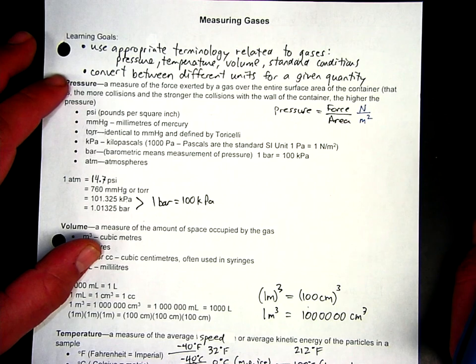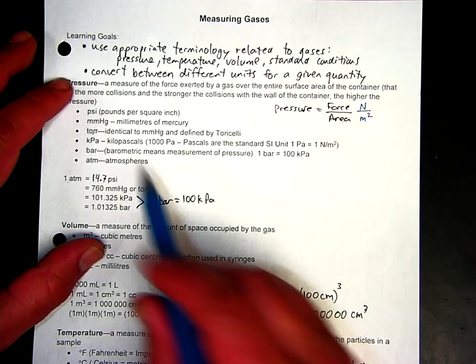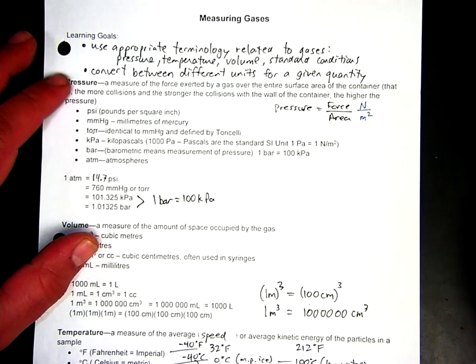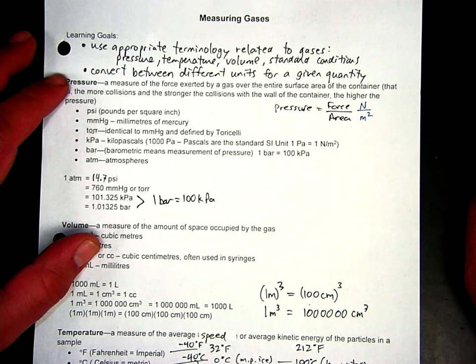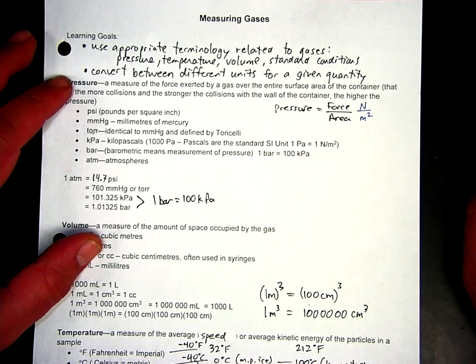Atmospheric pressure exerts a much higher pressure than just 1 Pascal. It's more in the kilopascals range. Okay, so 1,000 pascals is 1 kilopascal. So we can use those prefixes that we have for the metric system.